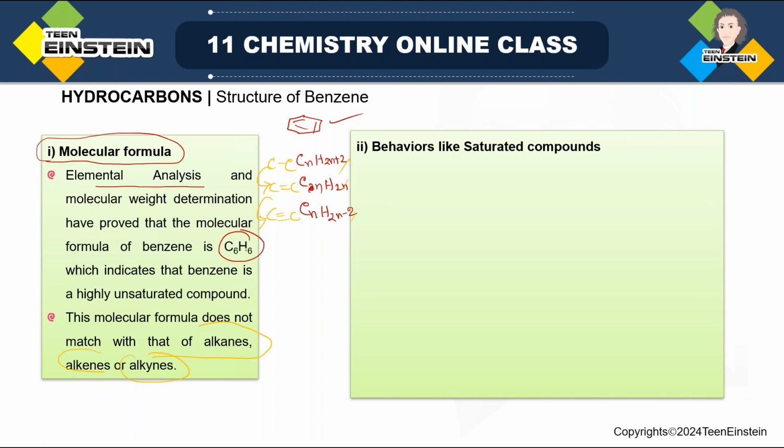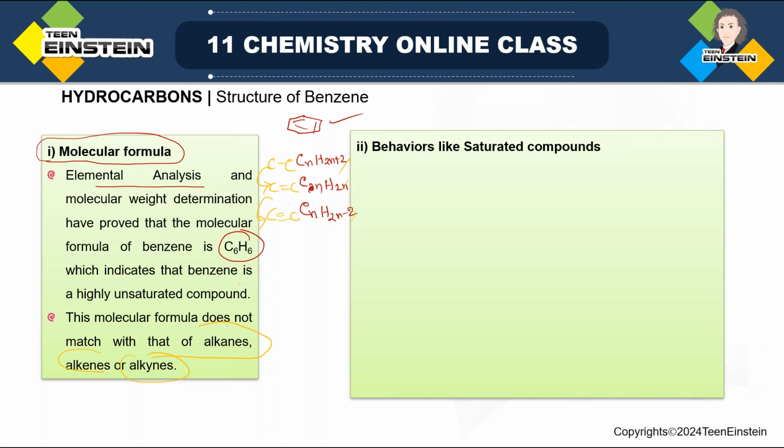It is also true that for aromatic hydrocarbons this type of general formula is not possible; it is only for alkane, alkene, and alkyne. So once we know the formula from elemental analysis, we can say confidently that it does not match with alkane, alkene, or alkyne.